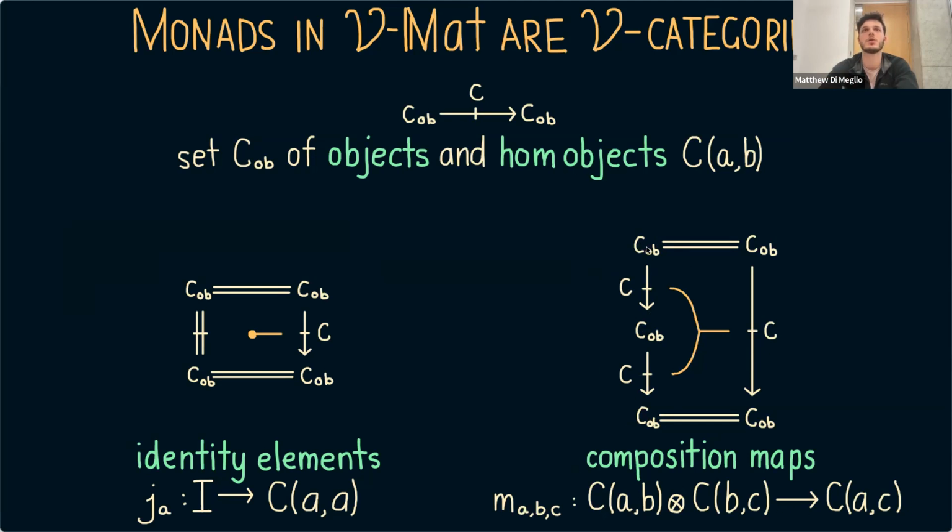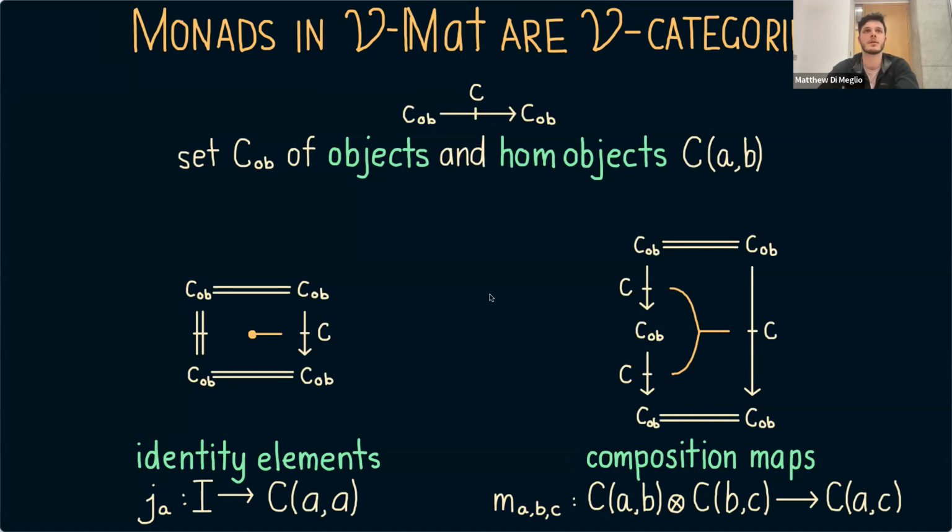And so if you use the universal property of the coproduct, then you can split that out into a family of morphisms, and you get these morphisms here. So M, little a, little b, little c is a morphism; these are the composition maps of your V-enriched category.